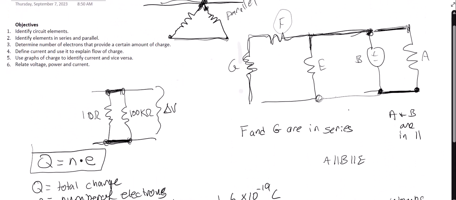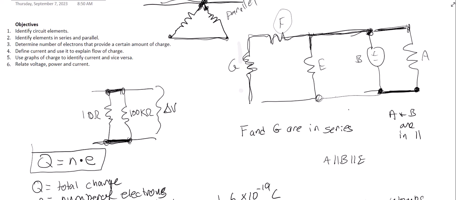Okay. Use graphs of charge to identify current and vice versa. We'll look at that. And relate voltage, power, and current. The big thing to relate voltage, power, and current is that power equals current times voltage. P equals IV.